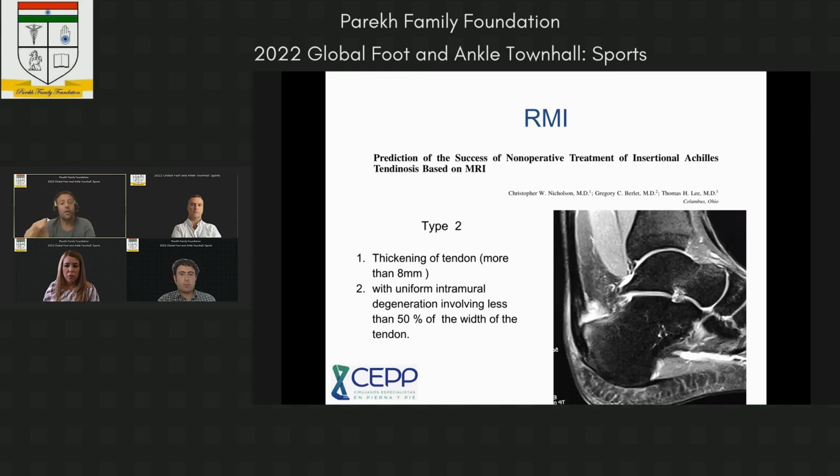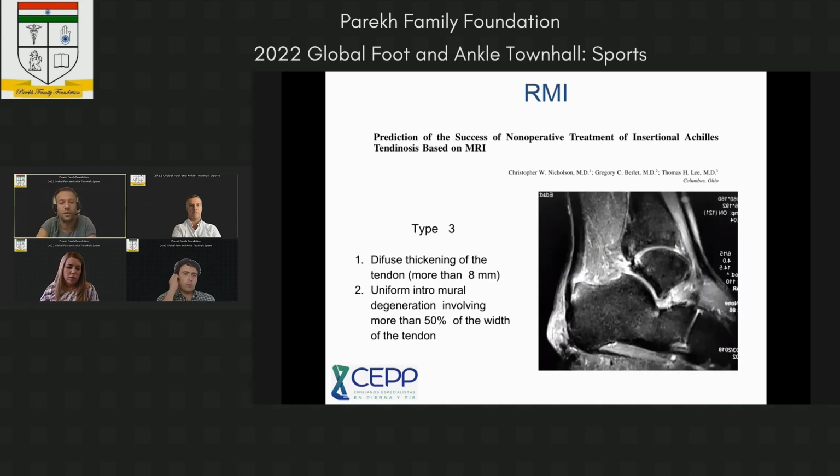Type 2, also thickening of the tendon, more than 8 millimeters, with uniform intramural degeneration involving less than 50% of the width of the tendon. And type 3, diffuse thickening of the tendon, more than 8, with uniform intramural degeneration involving more than 50% of the width of the tendon.